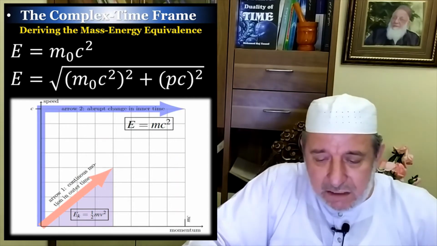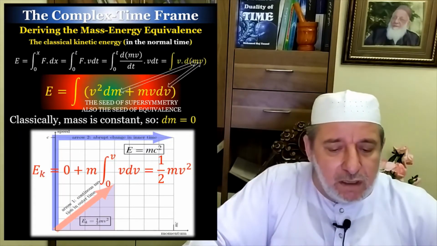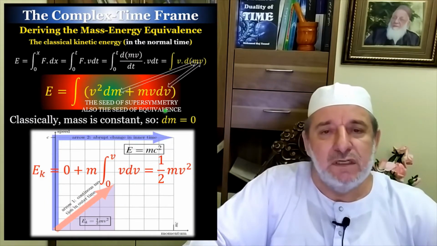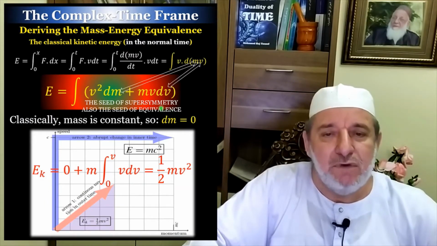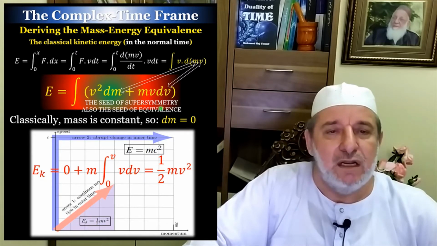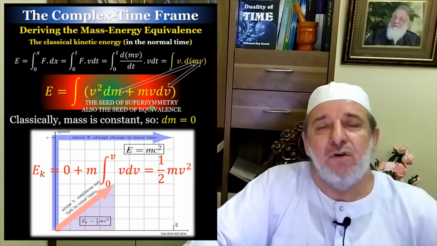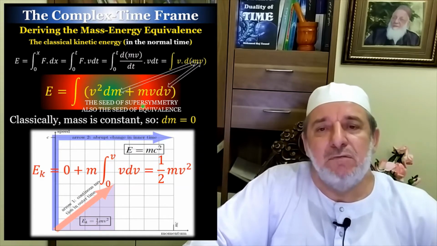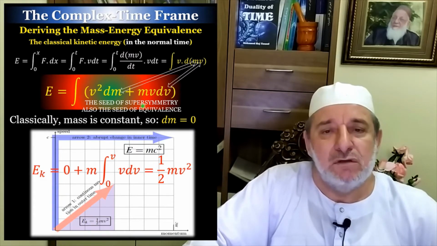So in the remaining time, let's very quickly see some different derivations of this duality of time. But before that, let me stress to you that you may find on the internet some people who claim that they derive this equation.